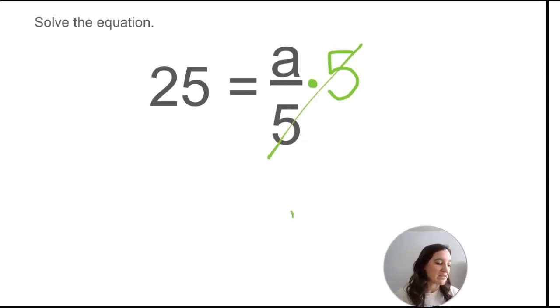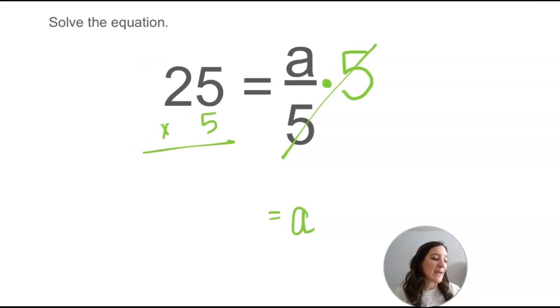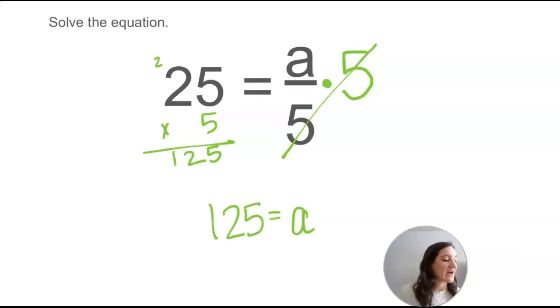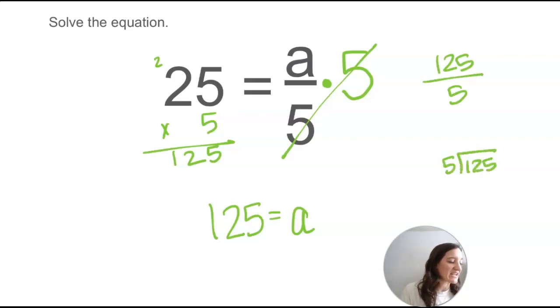So that leaves me with A. Now, in order to keep things equivalent, am I multiplying by 5 over here? Yes, I am. And that keeps me balanced. And so I end up with 125. Now, when I write it to check it, I get 125 divided by 5. Does that equal 25? Why, yes, it does.